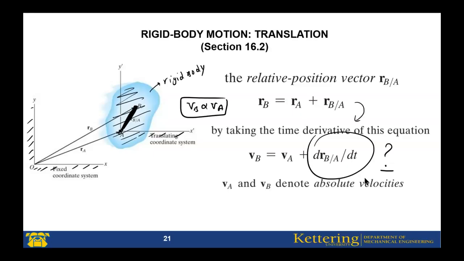Also, if I push this one, it means that the position between them is always constant. The distance between them is always constant. And this expression is always 0. Why? RB with respect to A is always constant.